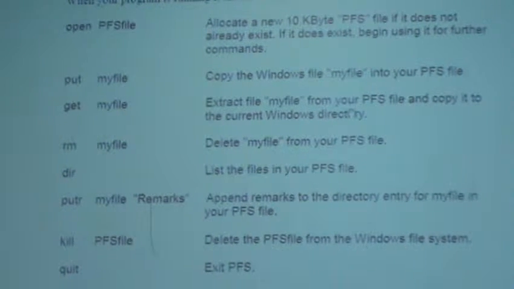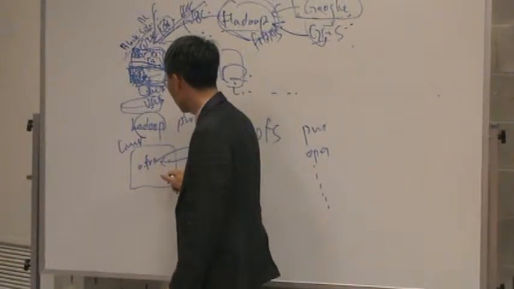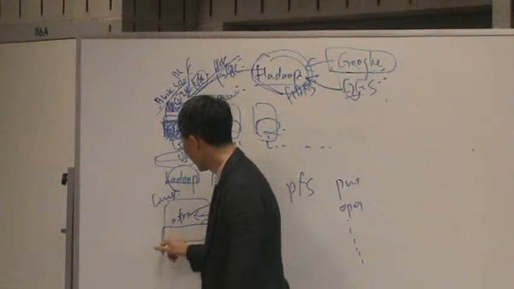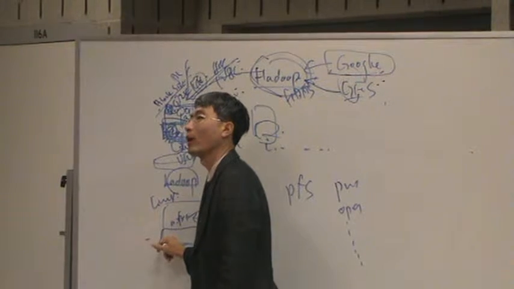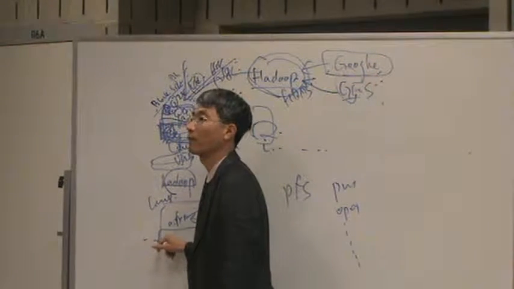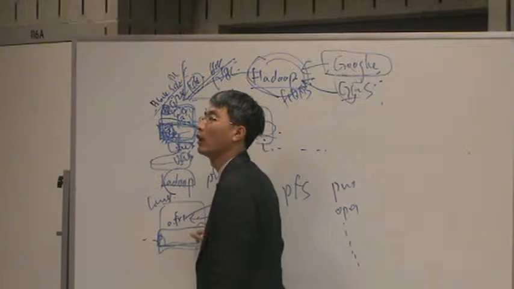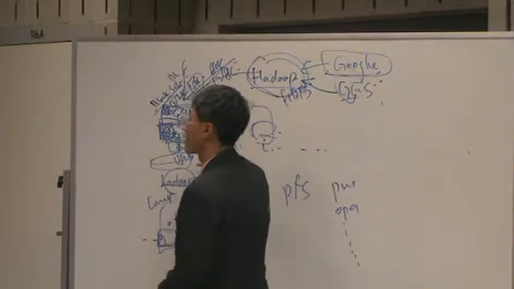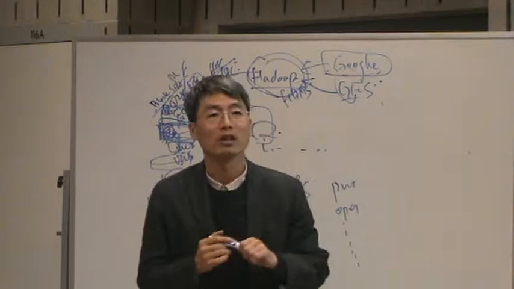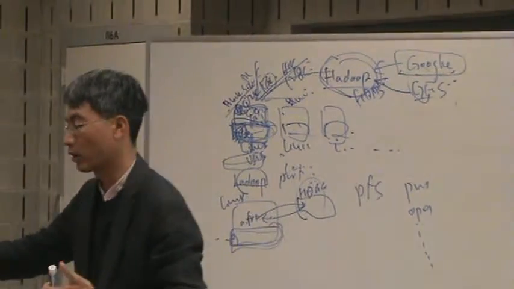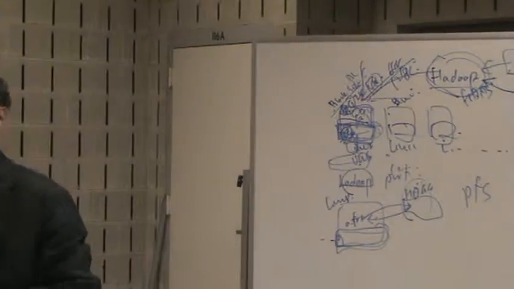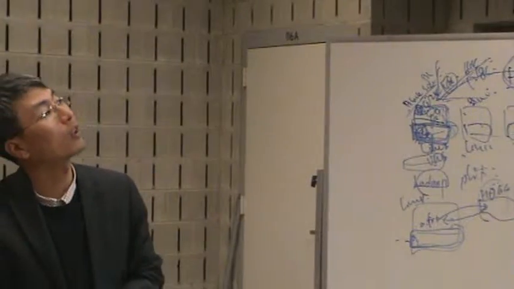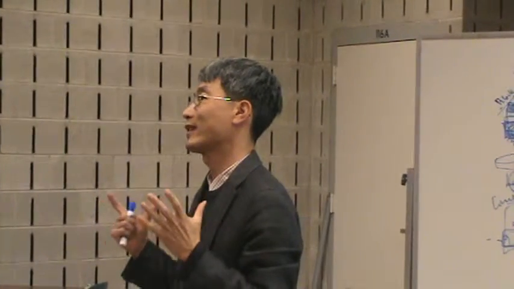When you create the HDFS file system, it will use a certain mounting point, for example, initially 2 megabytes of area will be reserved for it. Similarly, in your local file system, you can allocate a 10 kilobyte PFS file, okay, file system.